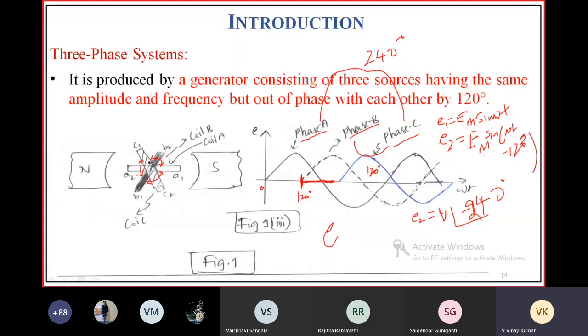E2 is equal to E at an angle minus 120 degrees. E3 is equal to E at an angle minus 240 degrees. So all are displaced 120 degrees from each other. As there is physical displacement of 120 degrees here, there is electrical displacement of 120 degrees from each other.